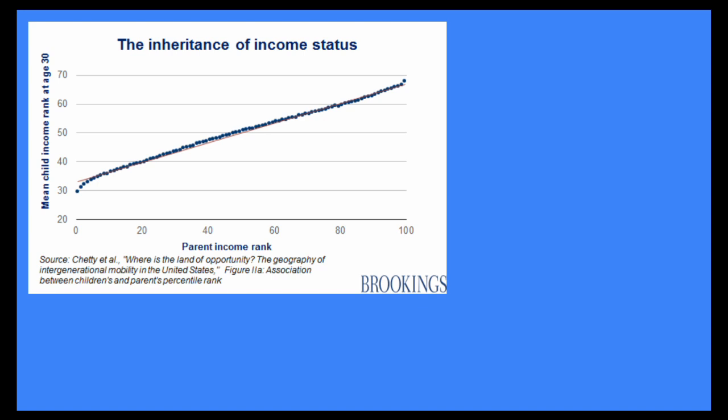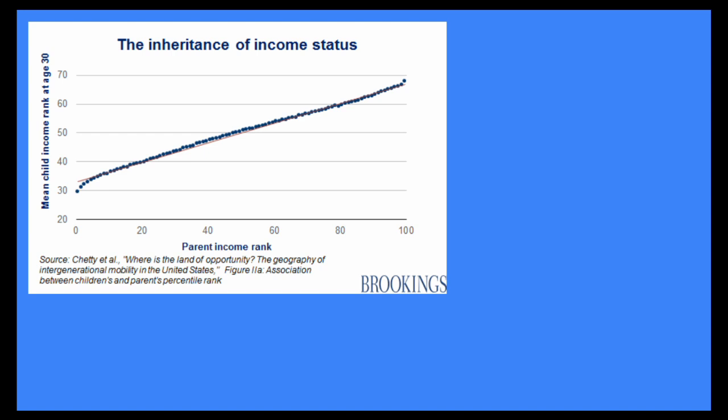You are not so much a function of your own effort as much as you are a function of where your parents ended up, right around where they started to have you. And what you see here is that relationship, because that line doesn't slope that steeply at all, this relationship is actually to the disadvantage of the child.